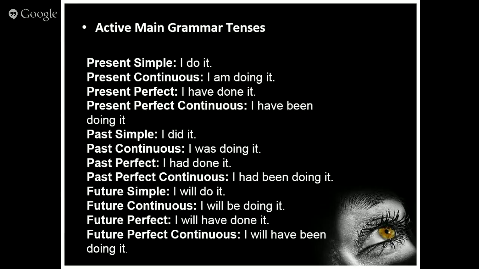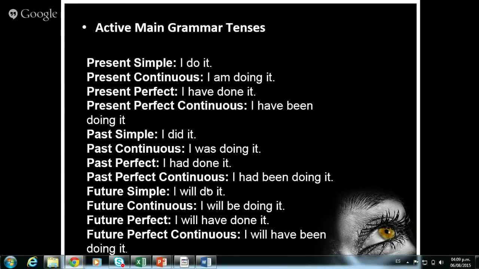But if you want to analyze a little bit more in depth, you will realize that in terms of grammar tenses, we have 12 main grammar tenses. We have present tenses, past tenses, and future tenses. Obviously, we have more tenses, more complex, more extended tenses.